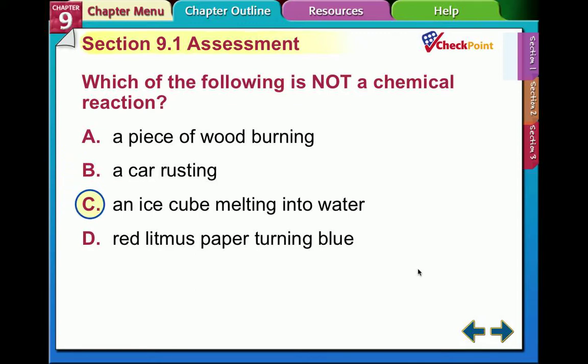Because remember, a chemical reaction has to have, what is the definition of a chemical property? There has to be some kind of change, a new product made. So with wood, we had ash and gas. We have this rust here. Litmus paper, that literally is a chemical that is changing in there. When we have an ice cube melting, it is just a physical change, a state of matter.